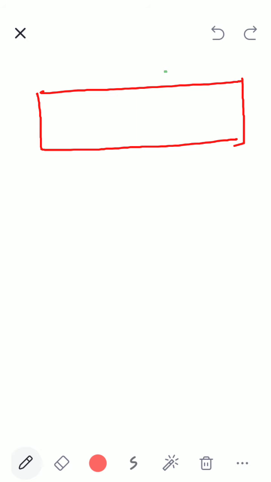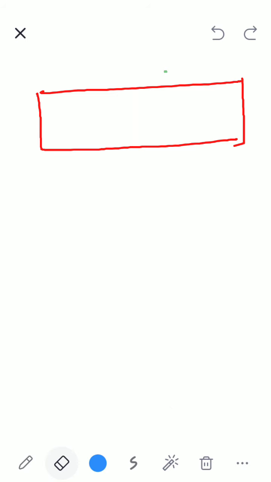Now suppose I have one chocolate bar. I want to divide this amongst four children. Let me change the color. I want to divide this by four.